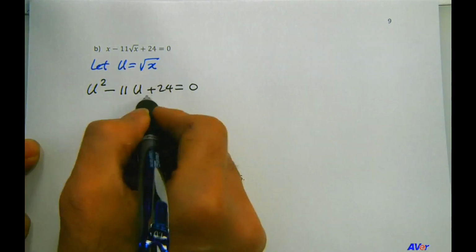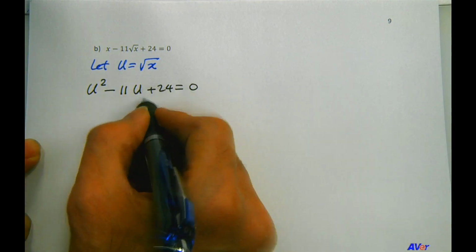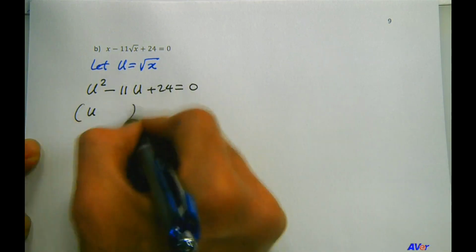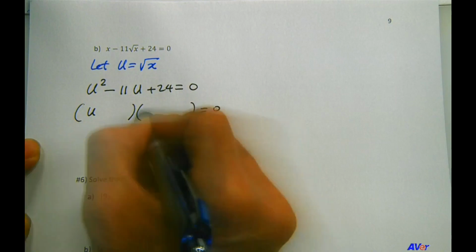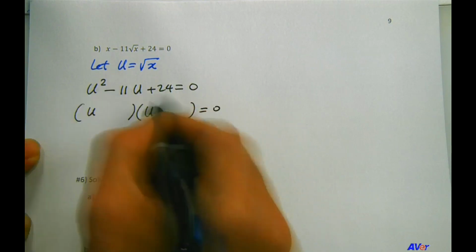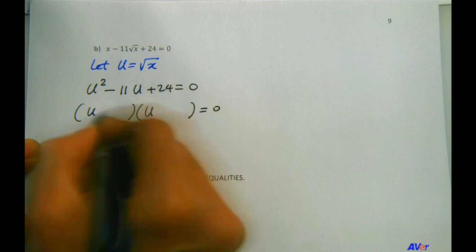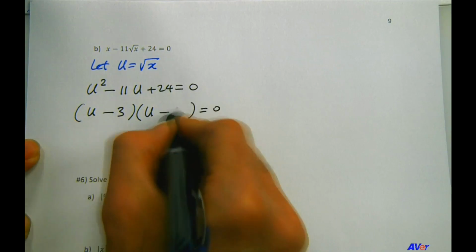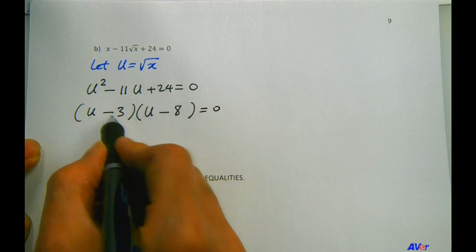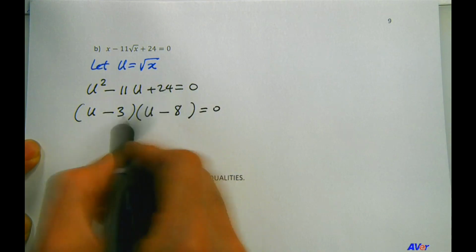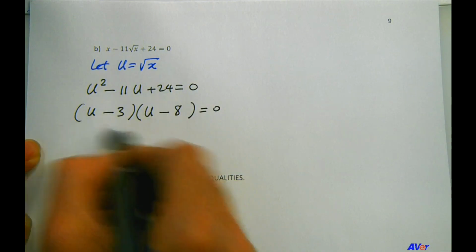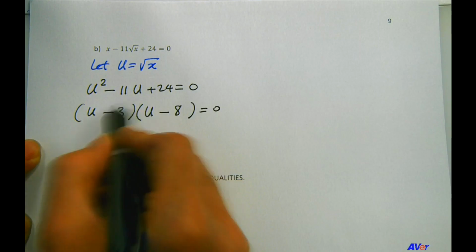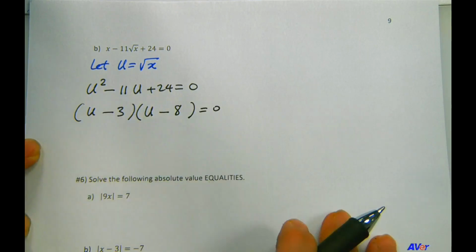So now, is this something easily factorable? Yes, this is very easily factorable, right? So u times u is u squared. Minus 3 and minus 8 would be the digits here, because minus 3 times minus 8 is positive 24. And the u terms are minus 8u plus minus 3u, which will give us minus 11u.